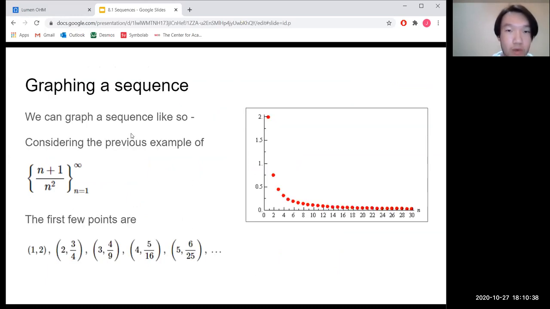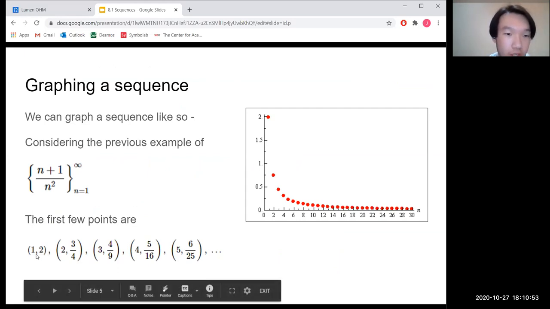All right, so the next slide says you can actually graph a sequence. If you look at the first sequence we looked at, which was (n+1)/n², our numbers were 2, 3/4, 4/9, 5/16, and 6/25, right? You can think of it as coordinate points. So the first number was 2, which is the coordinate point (1, 2).